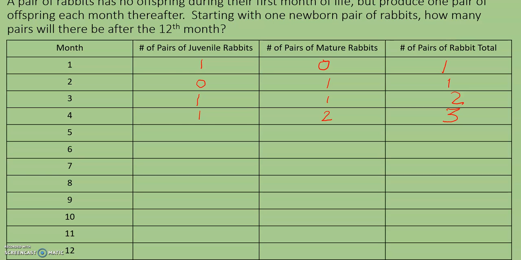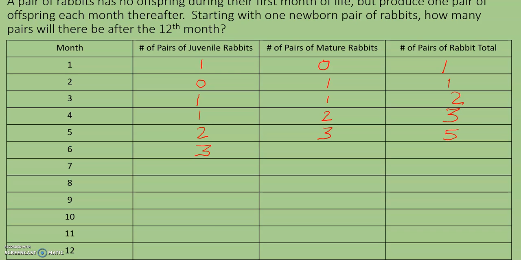Of those 2 pairs of mature rabbits, there are 2 new pairs of juvenile, and then there are 3 pairs of mature. Total 5 pairs. Those 3 pairs of mature rabbits in month 6 give us 3 pairs of juvenile rabbits.